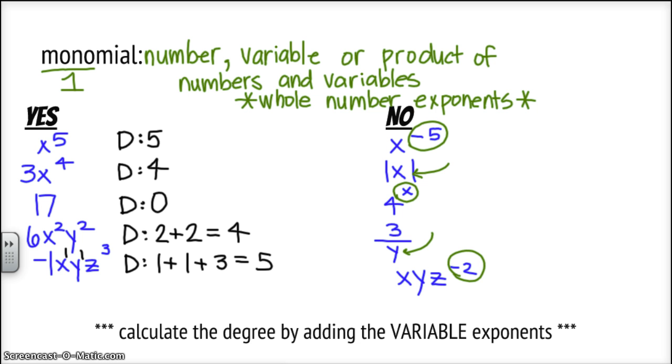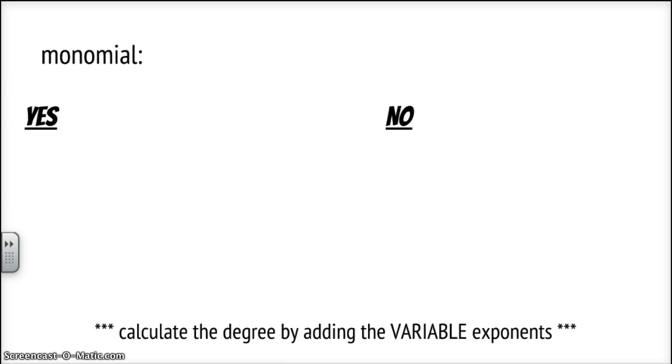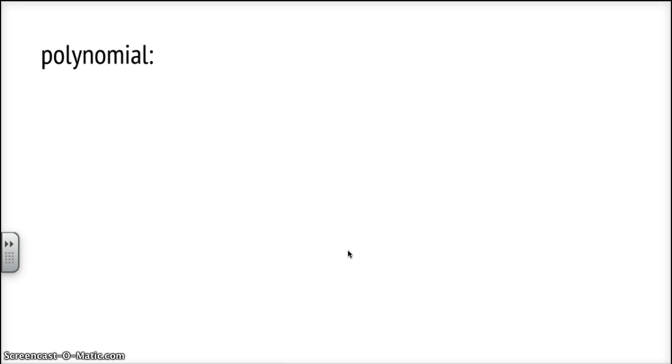Okay? So, now as we're looking at this, let's extend this and talk about what a polynomial is. Let's talk about what polynomials are. Okay, a polynomial, first and foremost, can just be a plain monomial. If mono means one, poly means more than one, or many.